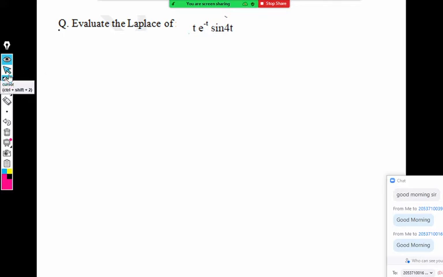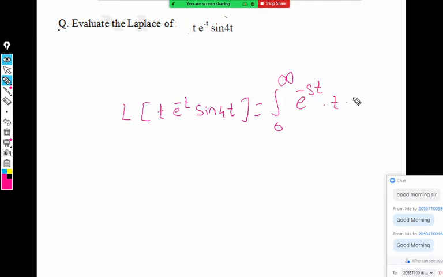All these questions we are going to complete by a table of standard results and properties, because by definition, if you calculate this Laplace of t e raised to minus 4t sine 4t, it is the integration from 0 to infinity of e raised to minus st into t into e raised to minus 4t into sine 4t dt. This is a very complicated integral, and it takes time to evaluate this type of integral. So going by definition is never the way.